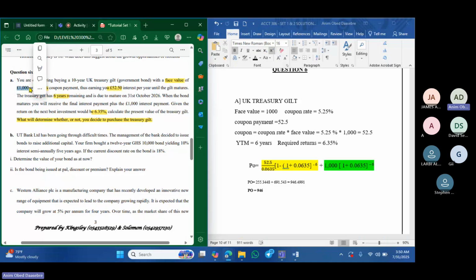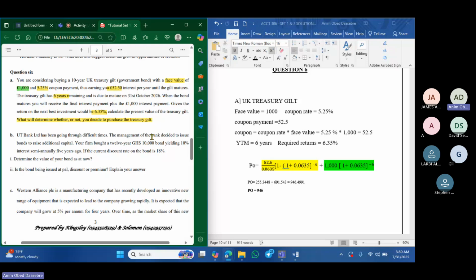Now the price is 946. What will inform your decision whether to buy or not? The market value, or the face value, is the 1,000.